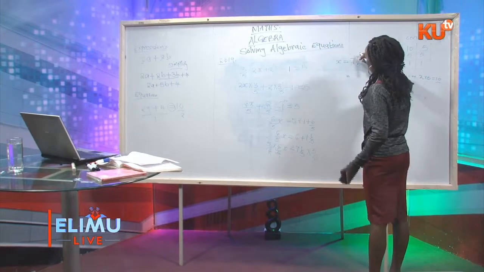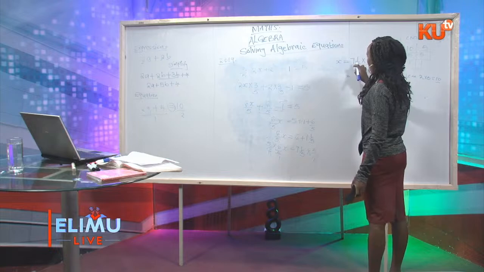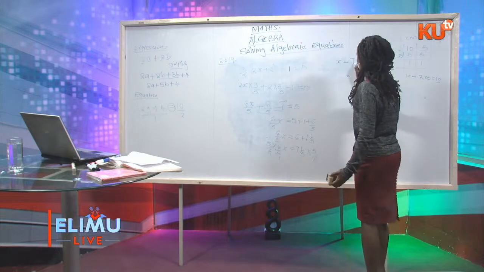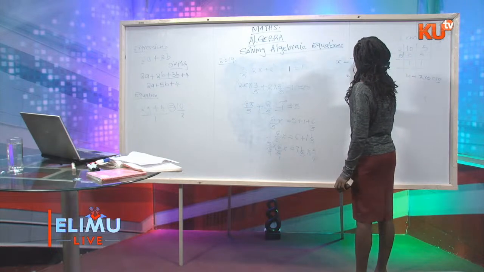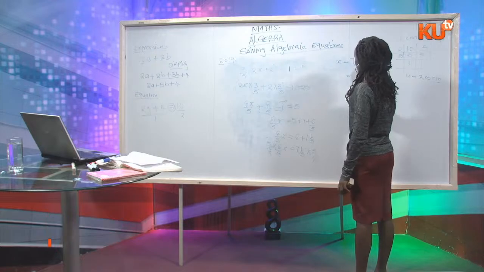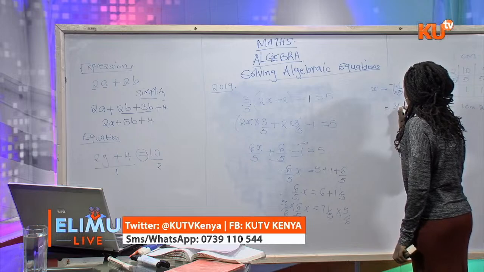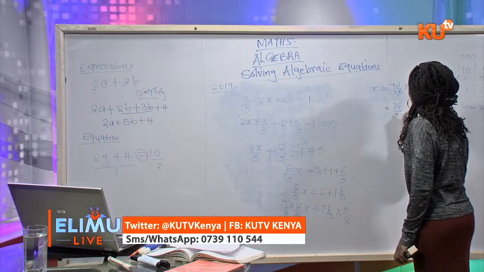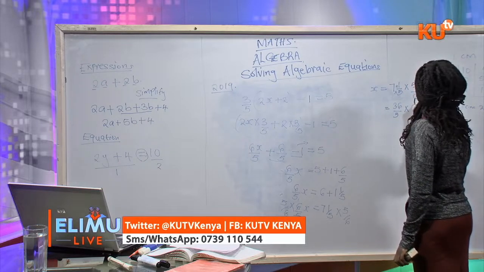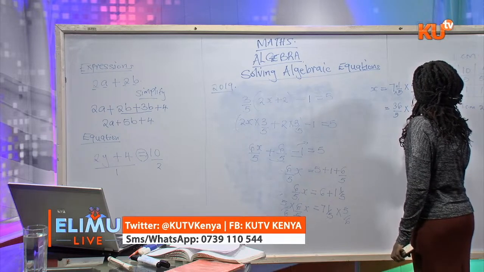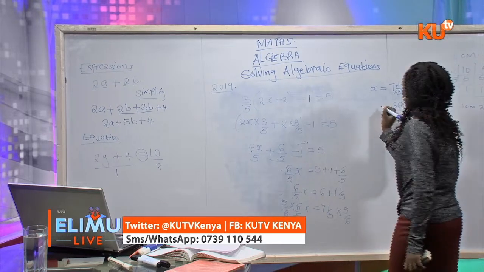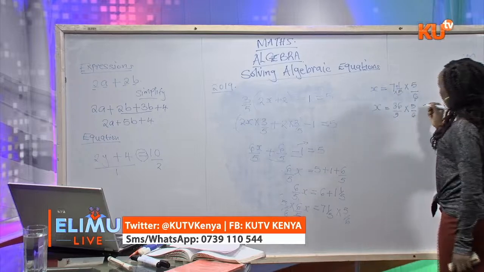So this 7 and a fifth, we change it to an improper fraction. 7 times 5 is 35, plus 1, we get 36 over 5 times 5 over 6. From there now we try to simplify.